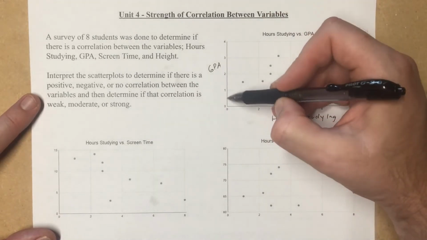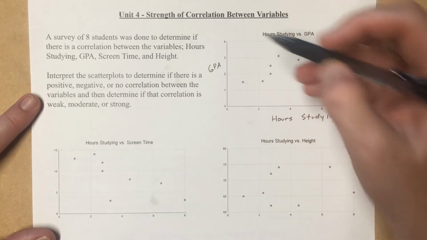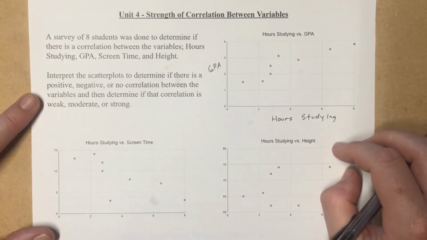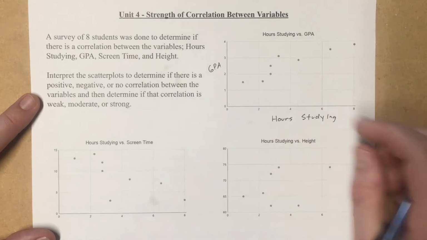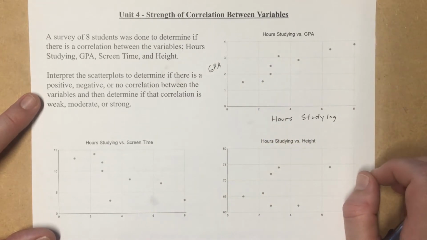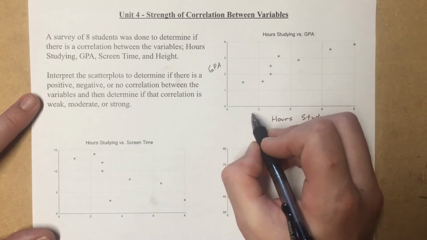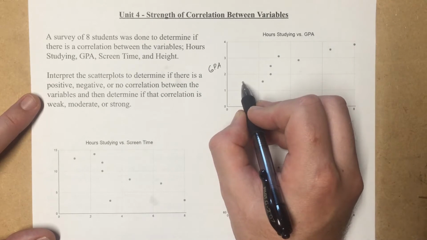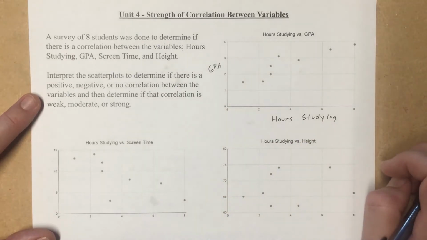Notice our GPA goes from 0 up to 4, and our hours studying goes from 0 up to 8. This is a sample set of 8 students, each represented by one of these dots. For example, this student here studies for 1 hour, and they have a GPA of what looks like 1.5.